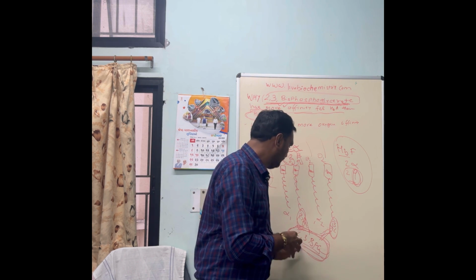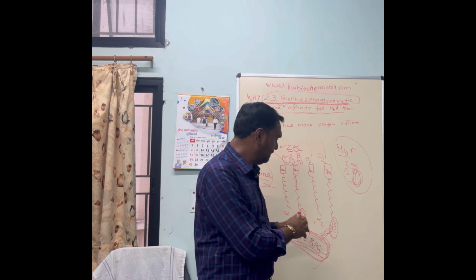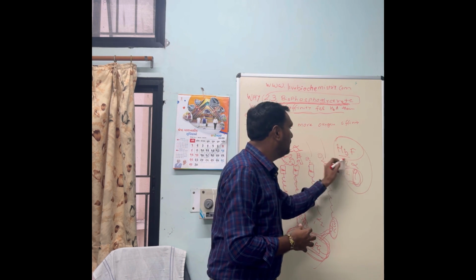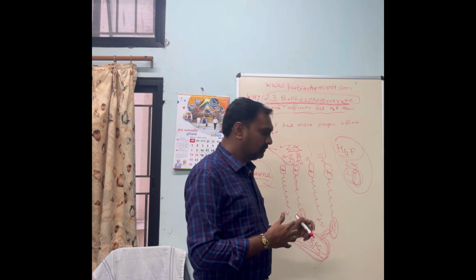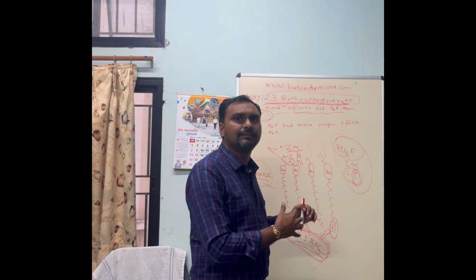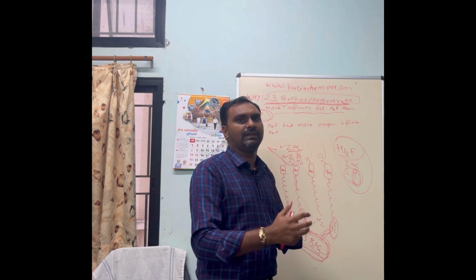What is the role of 2,3-bisphosphoglycerate? Whenever it binds with the hemoglobin, it will displace the oxygen. But in fetal hemoglobin, because there is a serine instead of histidine, the interaction between 2,3-bisphosphoglycerate and hemoglobin is less. So the oxygen affinity is more for the fetal hemoglobin.